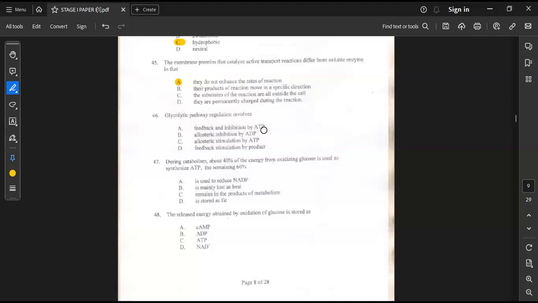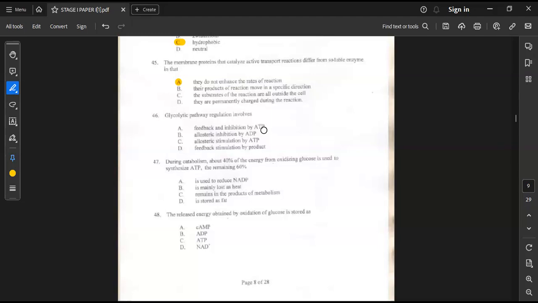Yeah, so after phosphorylation, I'm not going to look at all the steps, but the rate limiting step is the phosphorylation of fructose 6-phosphate to fructose 1,6-bisphosphate, which is catalyzed by phosphofructokinase, PFK. That is the rate limiting step.